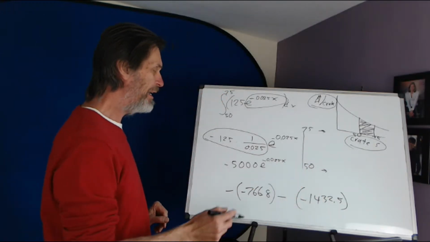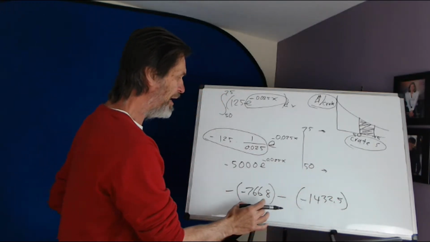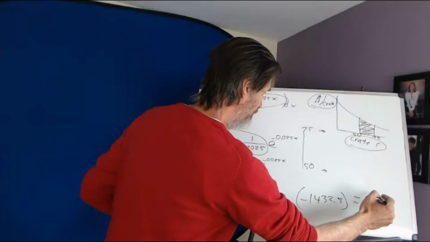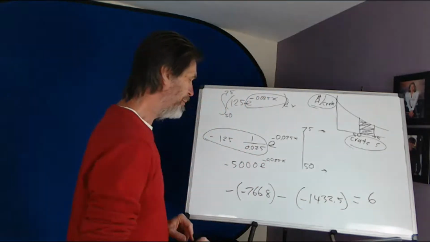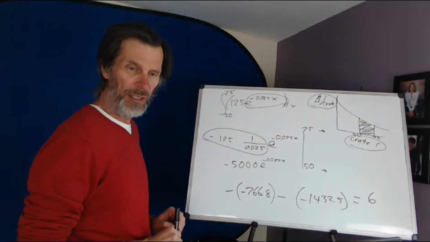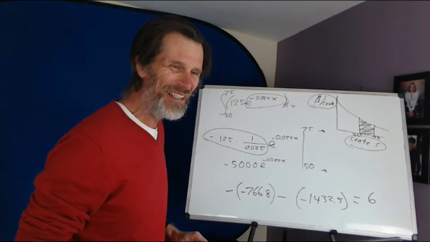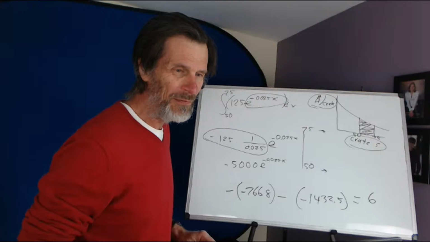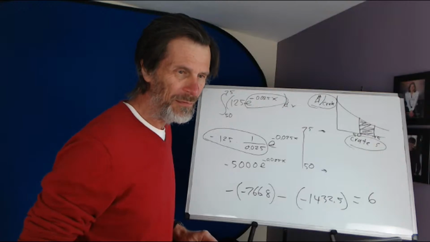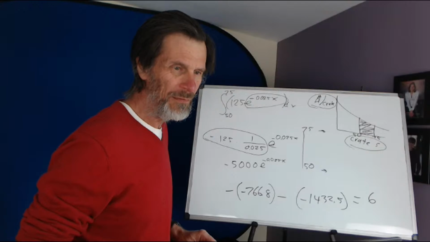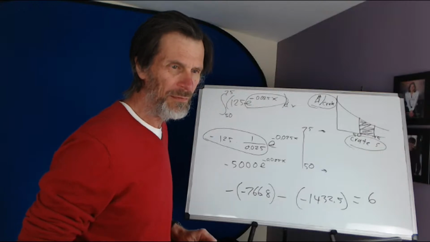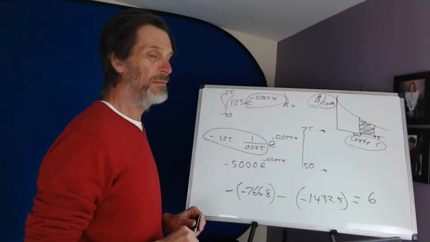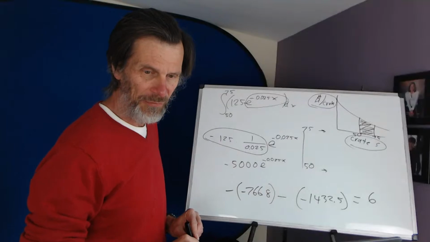Subtracting a negative is adding, so it looks like we have 14,325 minus 766.8. That's going to be 600 and some. My mental math isn't quite good enough, so someone do that subtraction if you'd be so kind. $665.75, yeah.